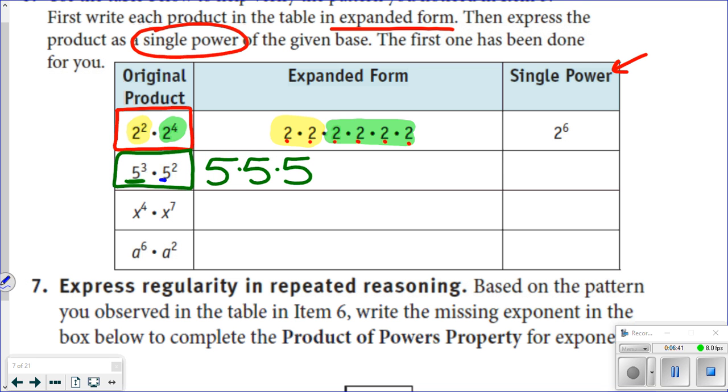Then if I'm looking at the second part, I'm also multiplying it by 5 times 5. Now let's count it out. The base is the big number, and how many times it's being multiplied is the small number, is my exponent. So 1, 2, 3, 4, there's 5 of them. So 5 to the 5th power.